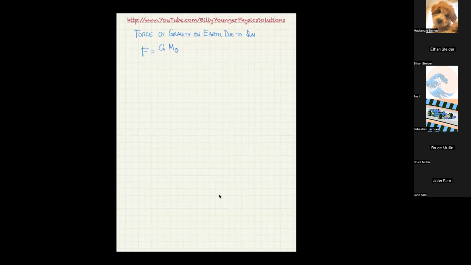That's the symbol we use for the sun, by the way, in astronomy. You do a circle with a dot in the middle for obvious reasons. And then times the mass of the earth, which is a circle with a plus in the middle, divided by r circle plus squared. Everybody agrees that's exactly the magnitude of the force.